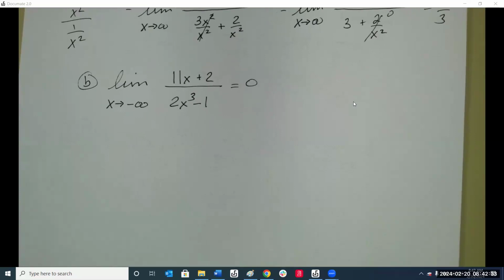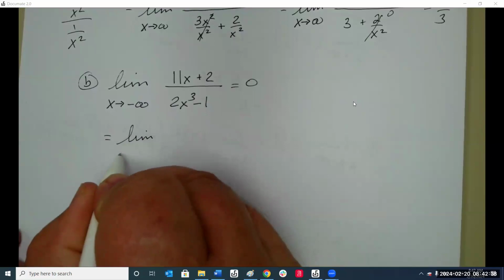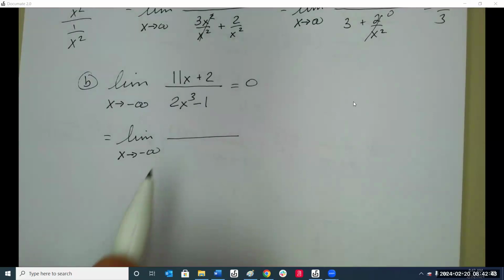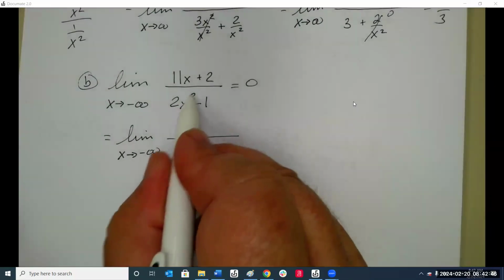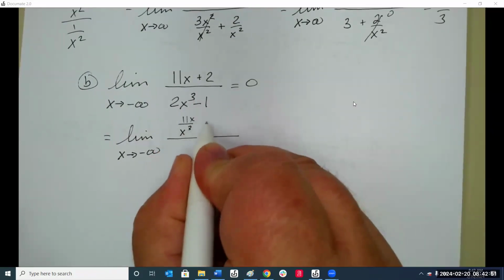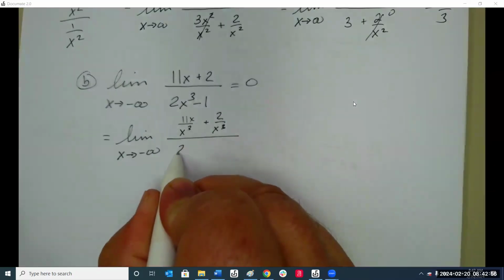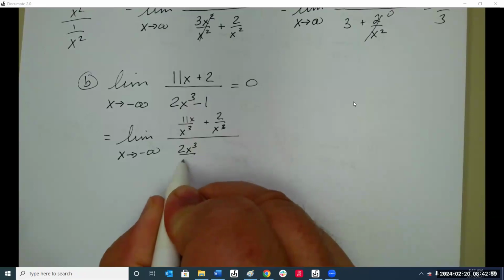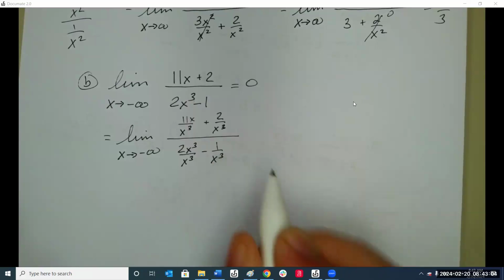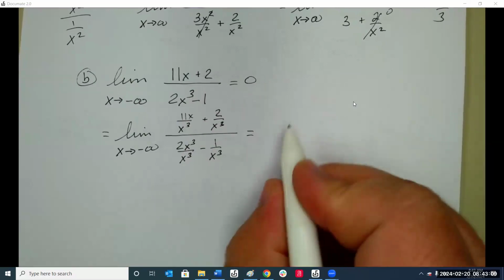Let's see how you did that. First thing you did is you have a rational function, so you divide each term by the largest exponent, which is x cubed. So we have 11x divided by x cubed, 2 divided by x cubed, 2x cubed over x cubed, 1 over x cubed.